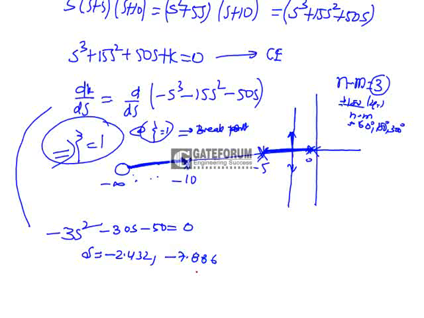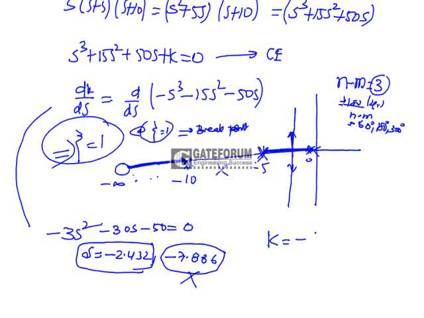If you see here, the point minus 7.886, which lies between 5 and 10, is on a branch that does not lie on the root locus. That means we do not consider the minus 7.886 point. So what is the value of s here? s is equal to minus 2.432. Now what is the value of k?